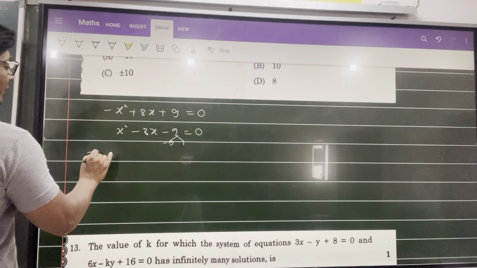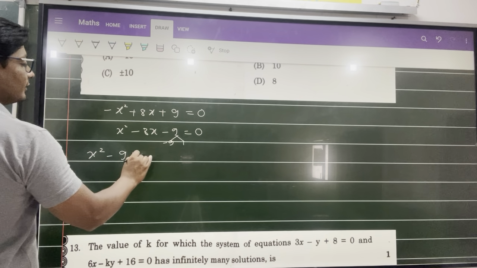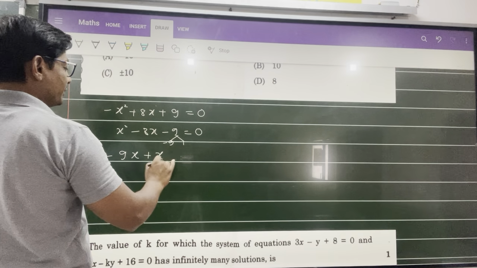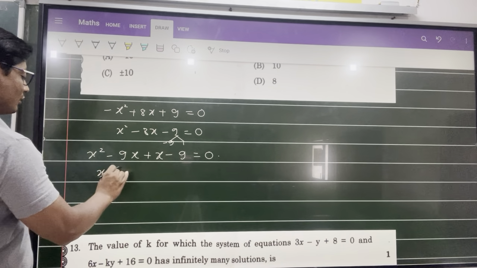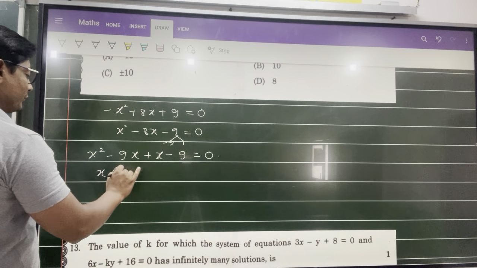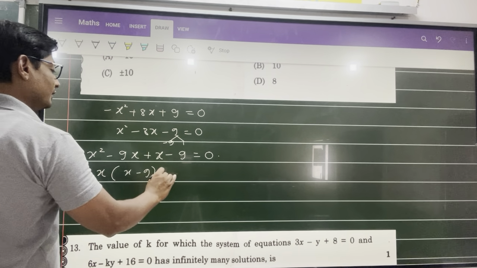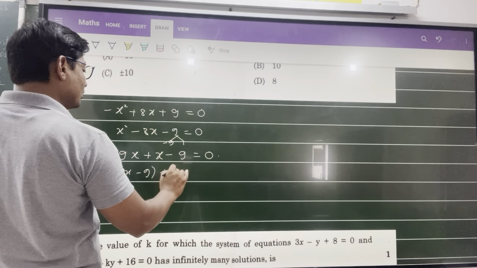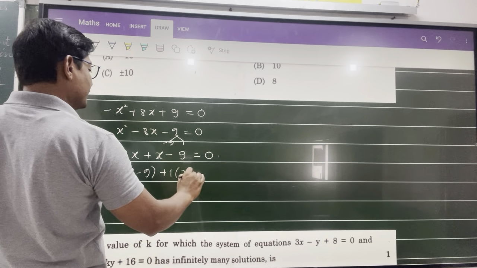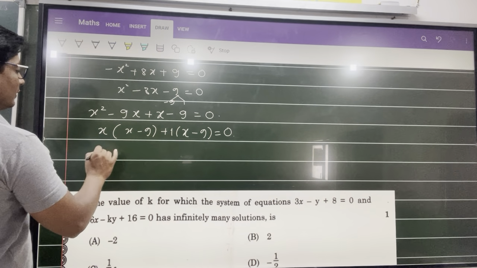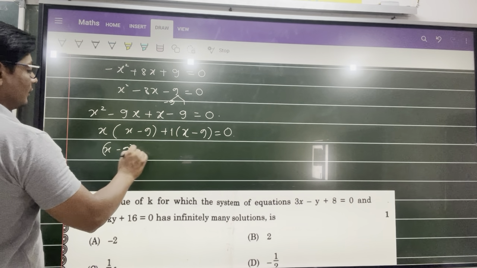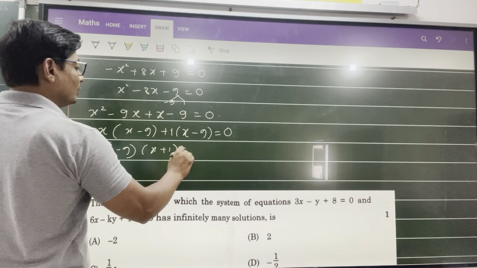Therefore x square minus 9x plus x minus 9 equal to 0. Taking x common in the first two terms, we get x minus 9. Then taking plus 1 common, we get x minus 9 equal to 0. So now, x minus 9 into x plus 1 equal to 0.